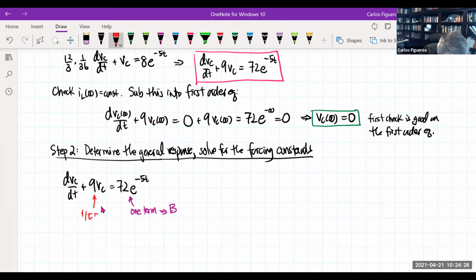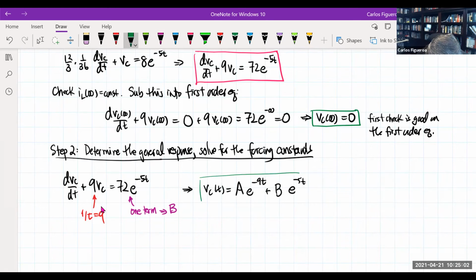So what this tells me is that our general response should be VC of t equals A e to the minus 9t, and then my forced response should be exactly the functional form of the right-hand side of this differential equation, which gives me B e to the minus 5t. That's what this is telling me right there. This is my general response.